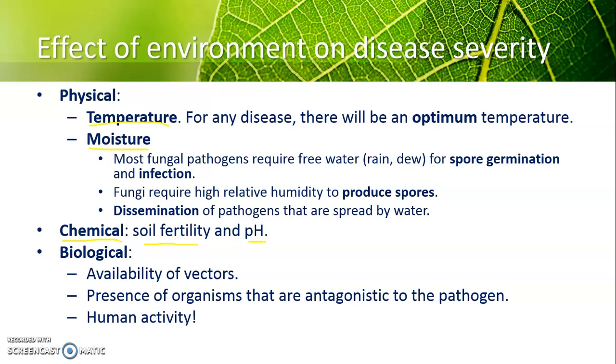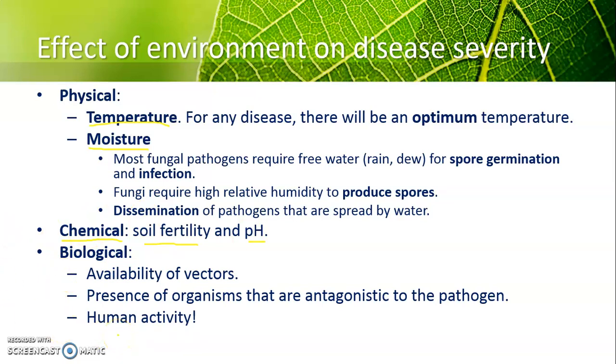And also the pH. If the pH is acidic, very low, there are pathogens that like that condition. If it is neutral or alkaline, there are pathogens that love or favor that different and specific condition.